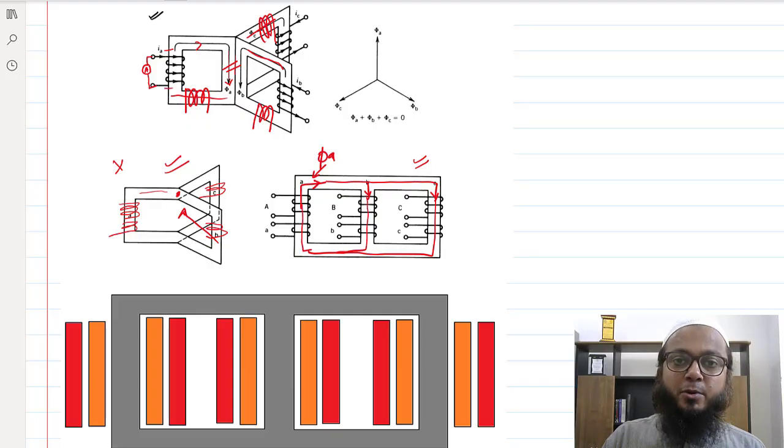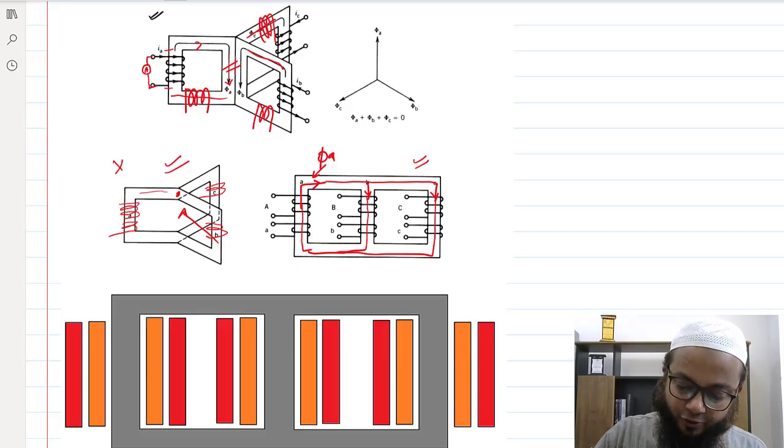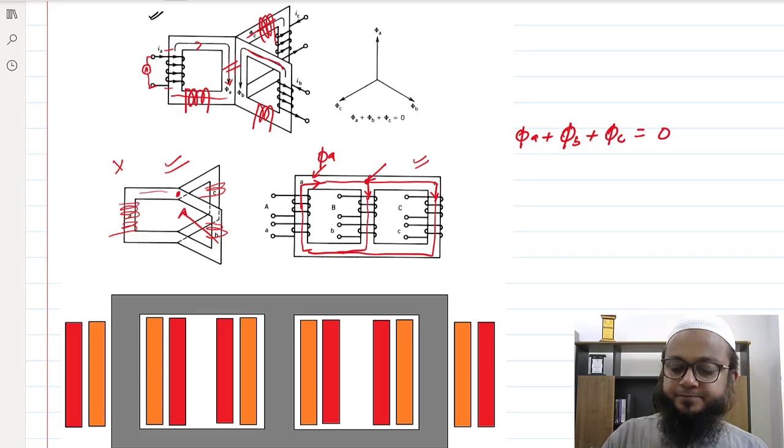Okay, this was the problem which I have given in the magnetic circuit tutorial, the very first problem there, right? So here at this node, the sum of flux phi A plus phi B plus phi C would be 0, right?